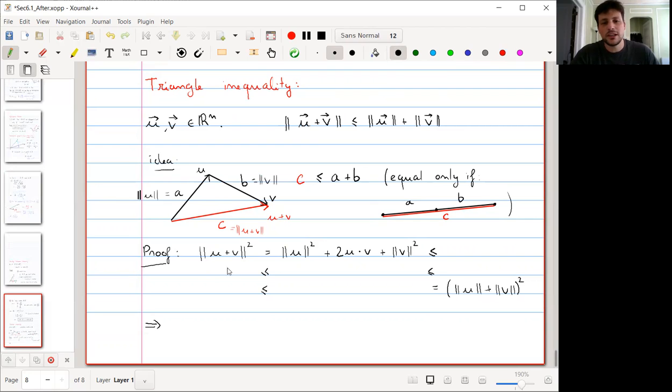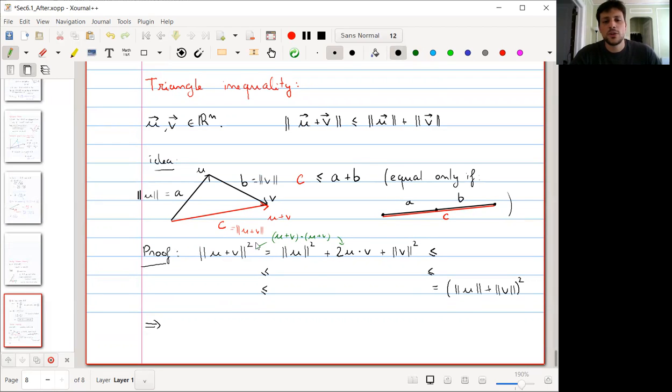A computation that we did last time told us that you can write the norm of u plus v squared as the norm of u squared plus 2 u dot v plus the norm of v squared. This is, I remind you, passing through the fact that that's the same as writing u plus v dot u plus v. And that will give us the second term here.